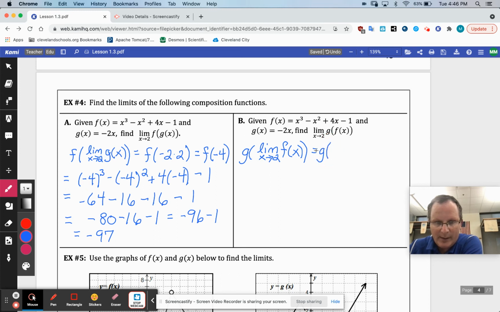So the limit as x approaches 2 of f of x is going to be 2 cubed, I'll show it like I did on the last one, minus 2 squared plus 4 times 2 minus 1. That is equal to g of 8 minus 4 plus 8 minus 1.